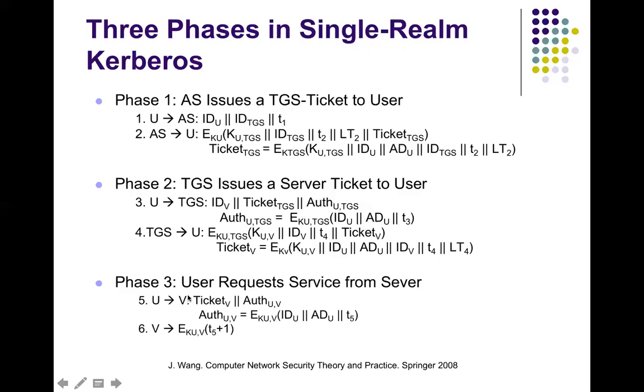Alice sends a request to server V indicating Alice wants to use the service provided by V. For the authentication purpose, she presents ticket sub V that she got from TGS server to V, and also includes its authenticator encrypted using this session key K sub U comma V, which server V does not know yet, but server V can get this session key from this ticket, and this ticket is encrypted using the master key between V and TGS.